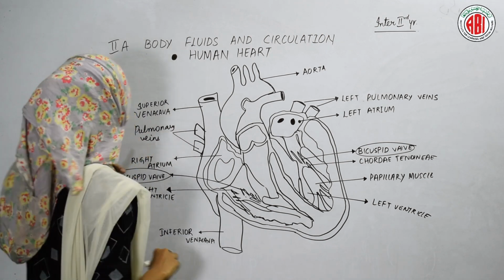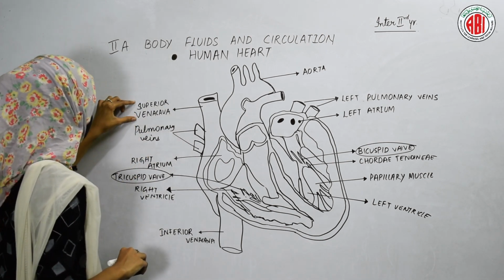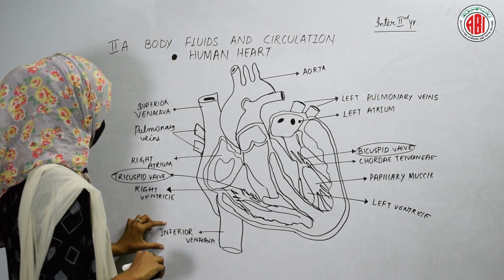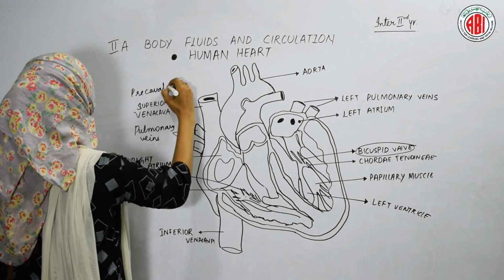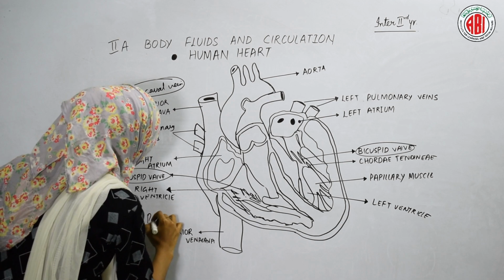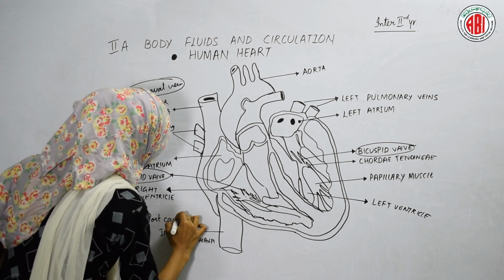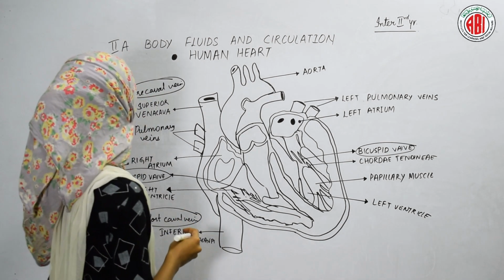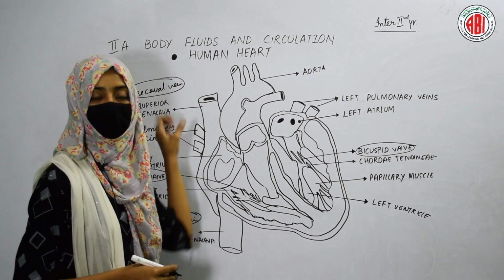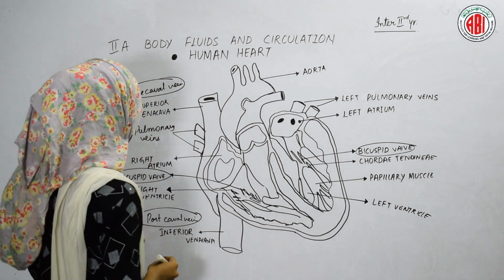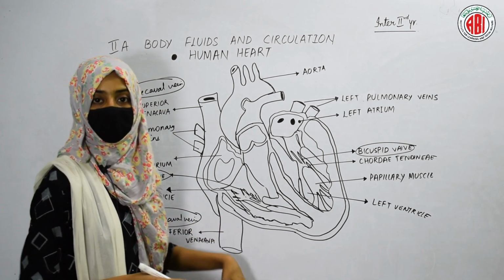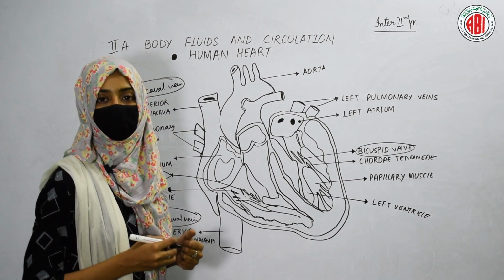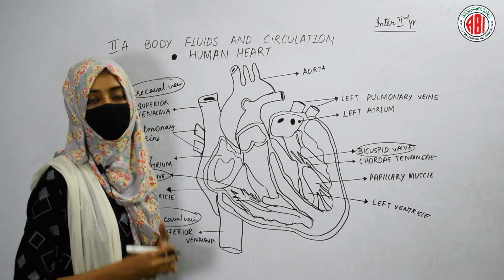Two veins are present which are named superior vena cava and inferior vena cava. Superior vena cava can also be termed the precaval vein, and inferior vena cava can also be termed the postcaval vein. The precaval vein is responsible for collecting the deoxygenated blood from our head, and the postcaval vein, which is also named inferior vena cava, is responsible for collecting the deoxygenated blood from the different parts of our body.